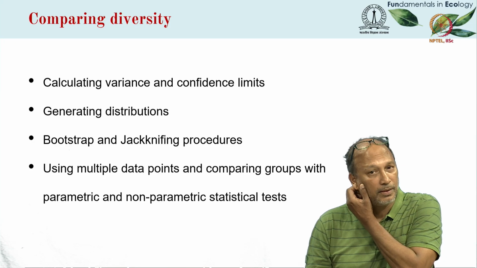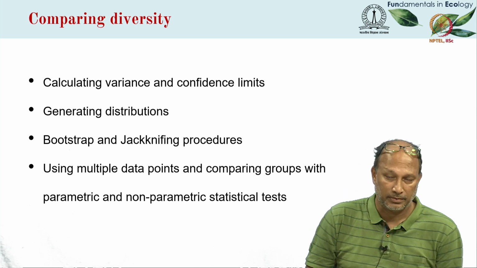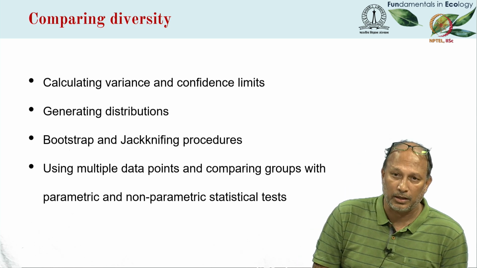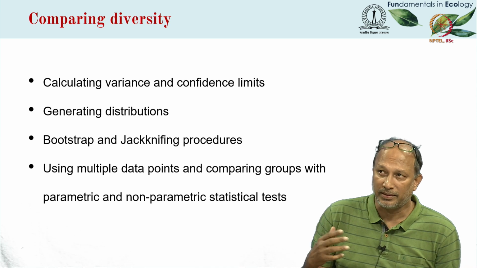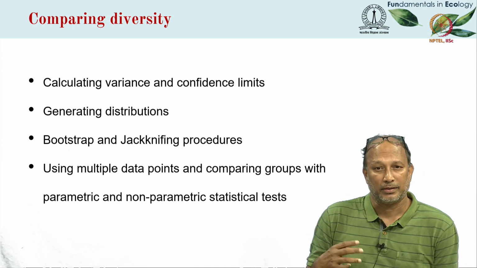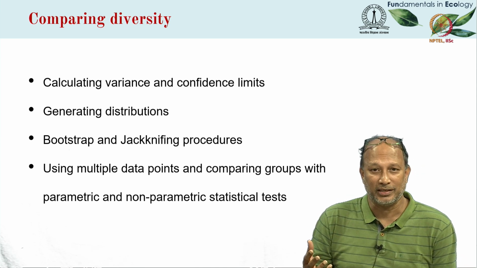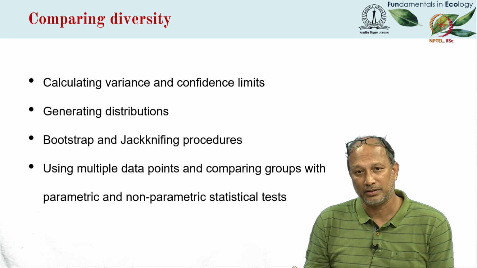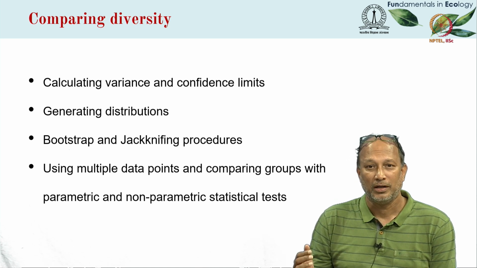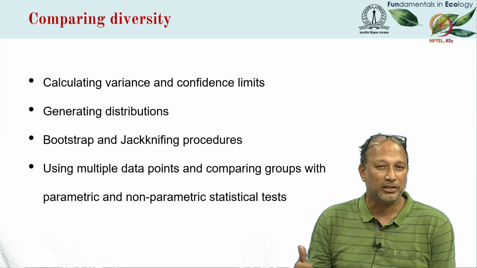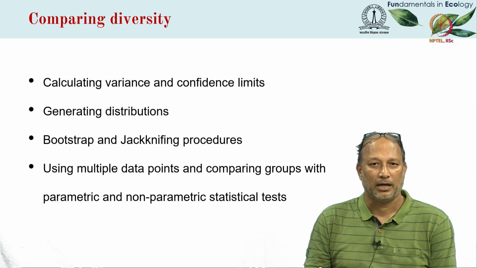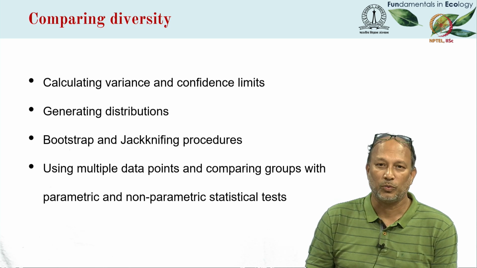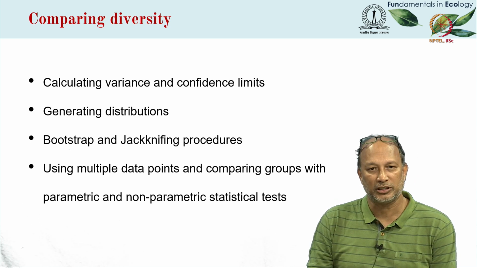In closing, I would revert to the reason that we're doing this. We don't calculate these indices in a vacuum. Our goal here is to understand some mechanism that underlies these patterns, and so it's really important to be explicit about the questions.